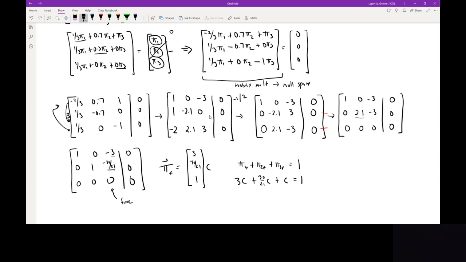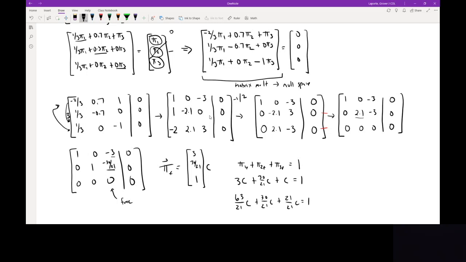And let's go ahead and convert all of these to have a 21 in the denominator. So that means what? 63 over 21c plus 30 over 21c plus 21 over 21c is equal to 1.